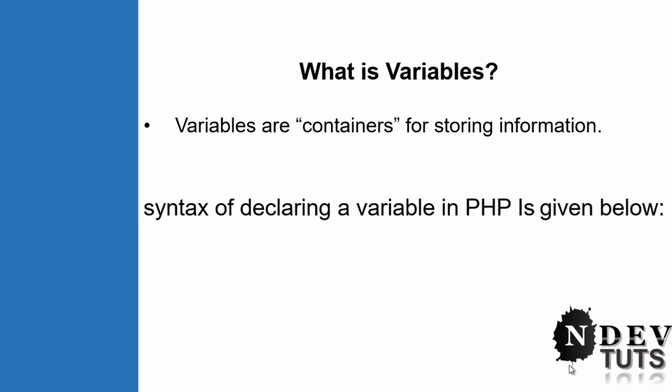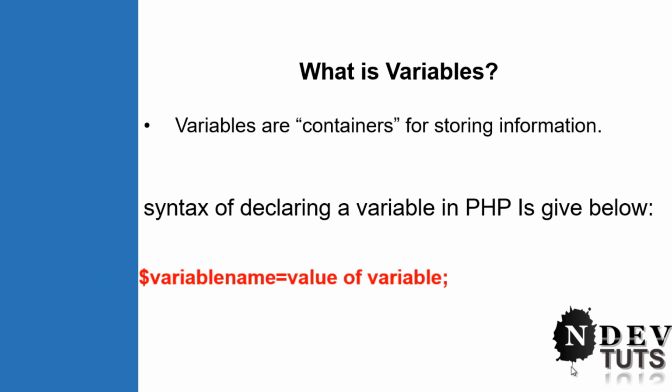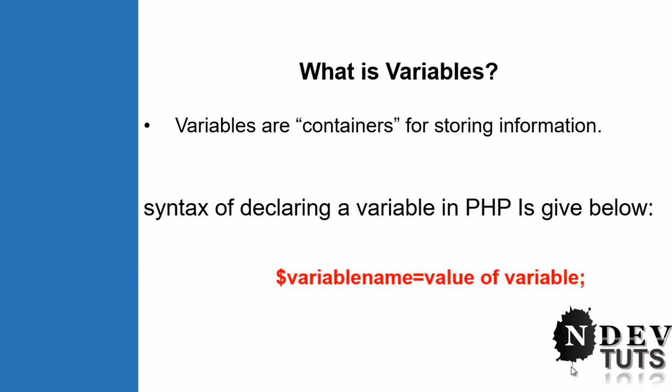The syntax of declaring a variable in PHP is given below: $variable_name equals value of variable, with a semicolon. In PHP, all variables begin with a dollar sign and the value can be assigned using the equal to operator.